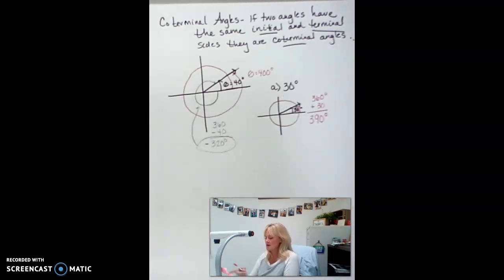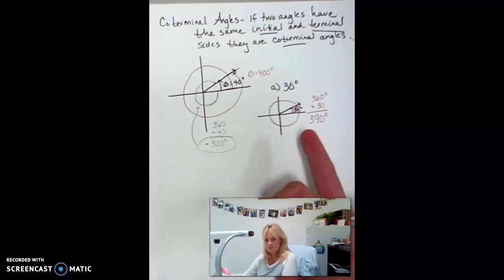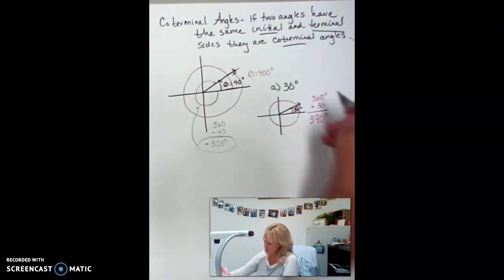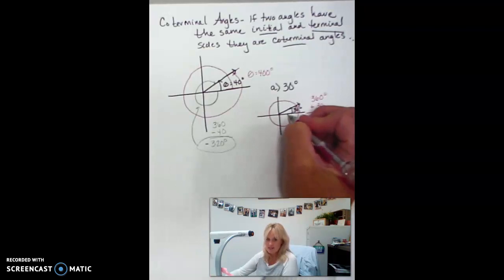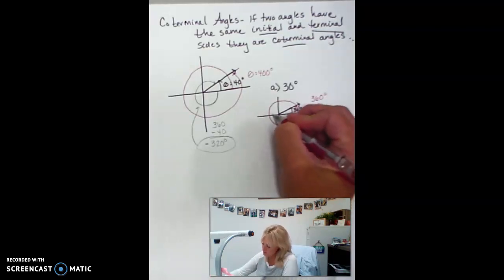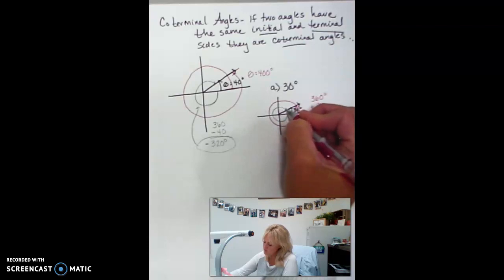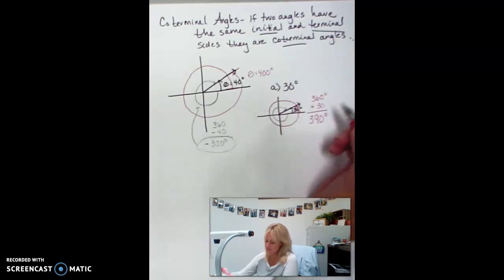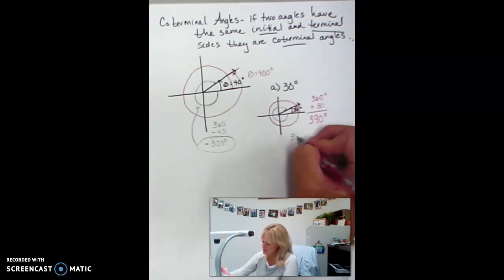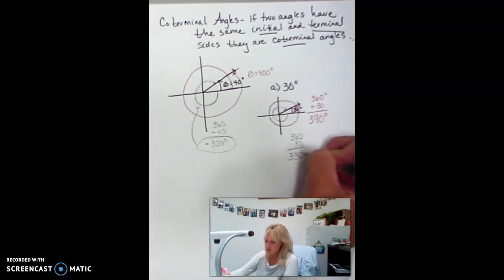So now if we go back to this 30 degree angle, what negative coterminal angle exists? Well, if I start here, negative goes down and I come all the way around, I didn't quite finish my full circle. So 360 take away this little piece right here of 30 degrees means 330 degrees.